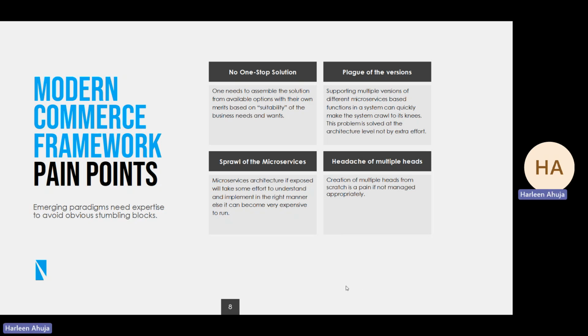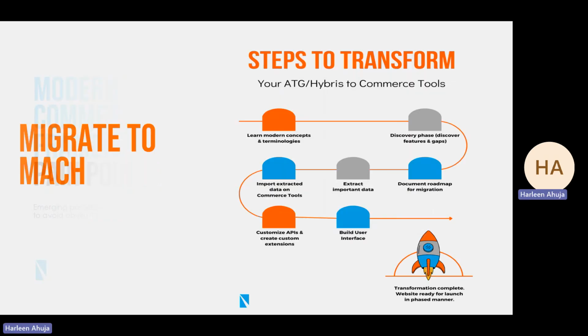And if a customer wants to migrate to MACH, what steps does a customer have to take? The steps to perform if we are already on Oracle Commerce, popularly known as ATG, or on Hybris, which is SAP Commerce Cloud: how do we migrate to Commercetools, or how do we migrate the simplest framework, which is a monolith, to a modern MACH architecture?